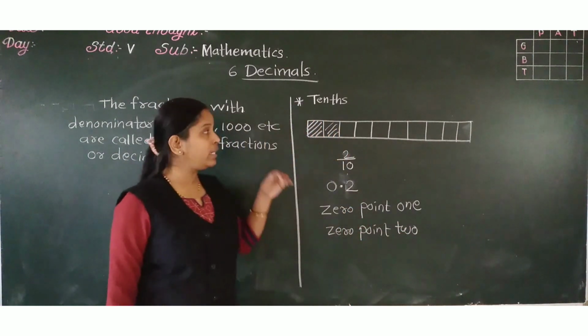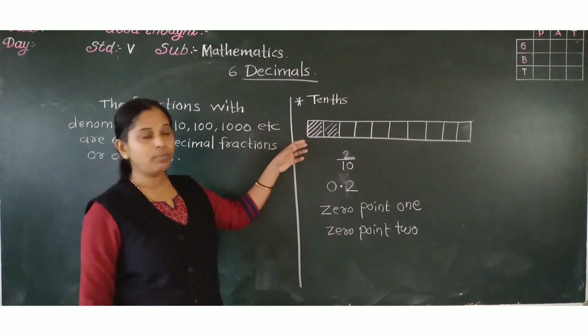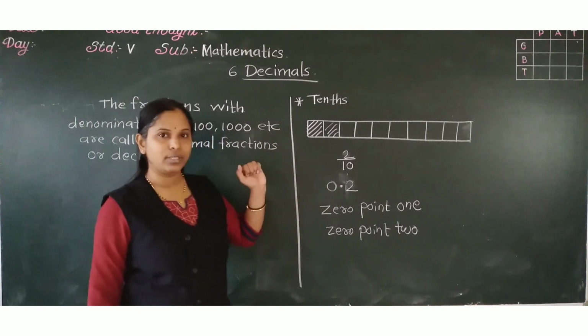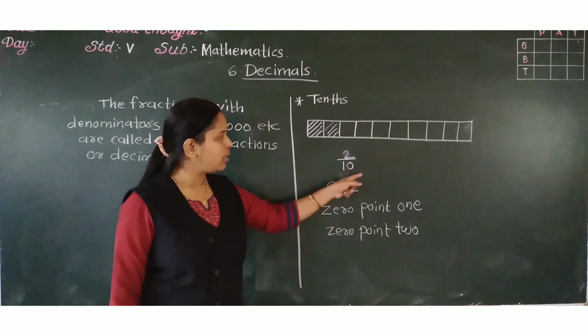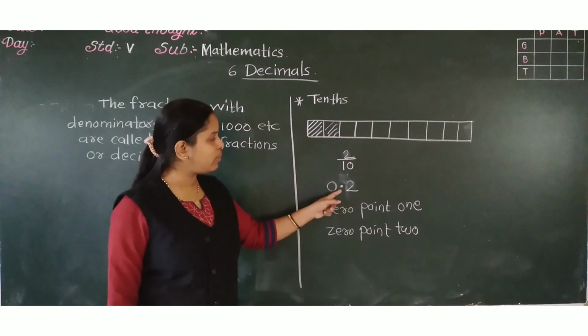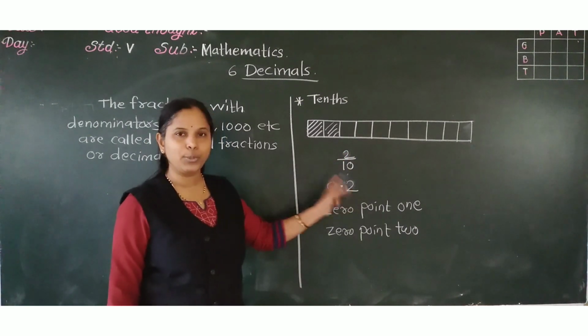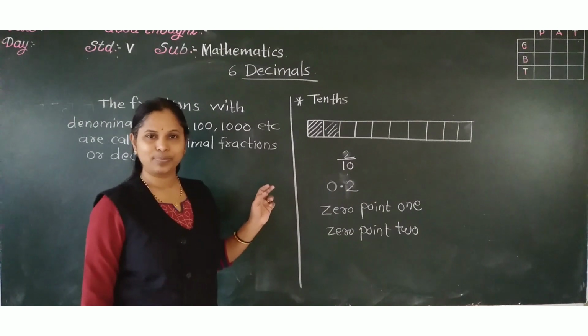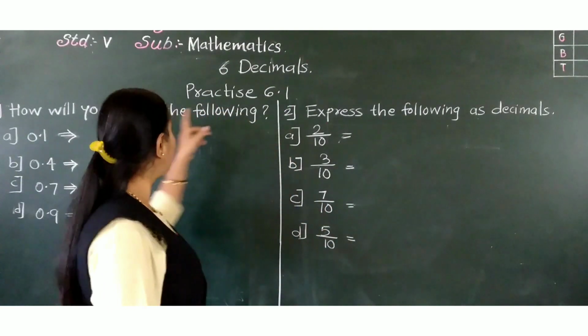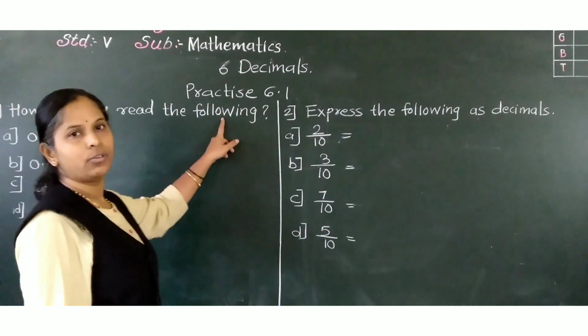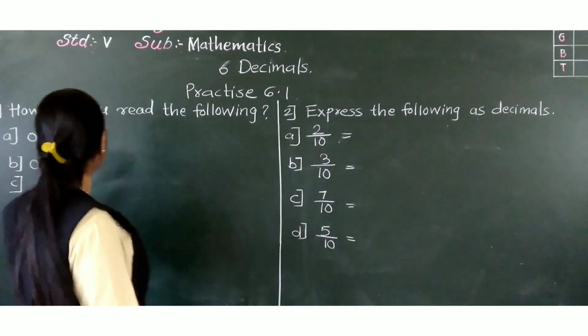Followed? How to write the decimal fraction by using the decimal point? This is a decimal fraction. Okay? And by using the decimal point, we write 0.2. Followed? Practice 6.1. How will you read the following? Okay? Now see.